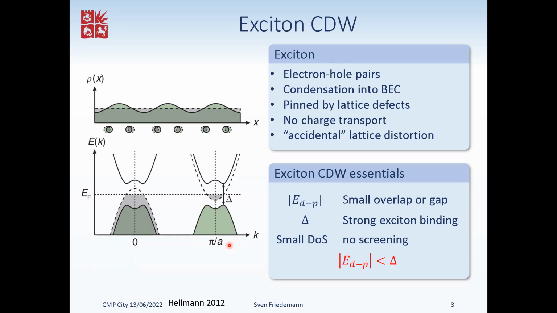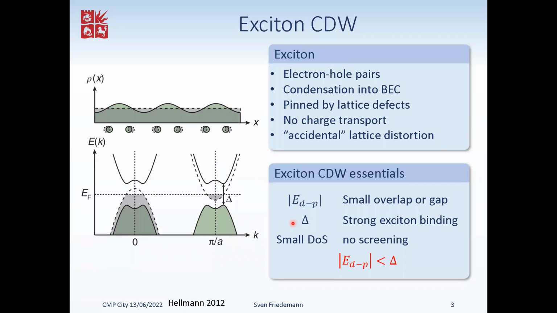Specifically, one needs to have a small overlap of electron and hole pockets in a solid to be able to form an excitonic charge density wave. Specifically, this overlap has to be smaller than the gap of the charge density wave, as the binding of the exciton electron-hole pairs.